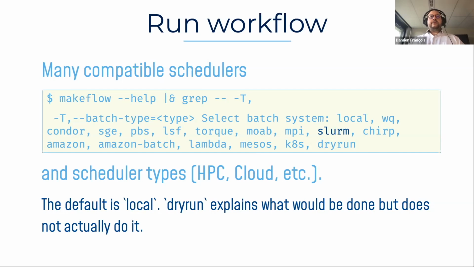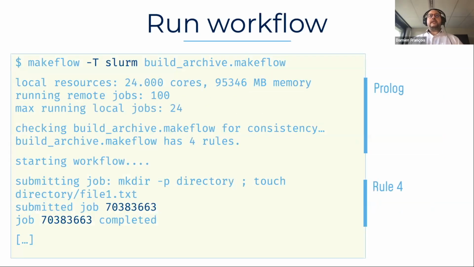So as an example, if you run the same Makeflow file as before, but you specify -T slurm here, you see again a prologue where it states the local resources it has found. And then when it starts the workflow, you see that it is submitting a job, and this time this really is a job ID in Slurm. Again, since only rule 4 does not have a dependency, it is the one that is first started.